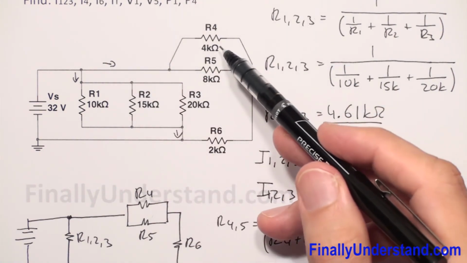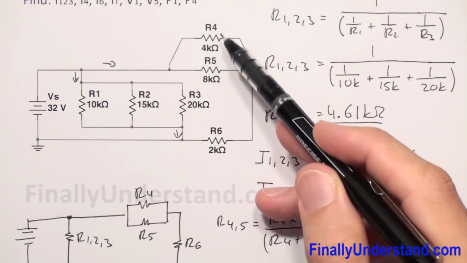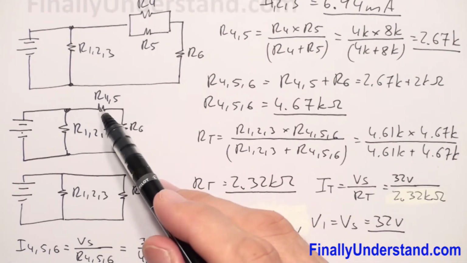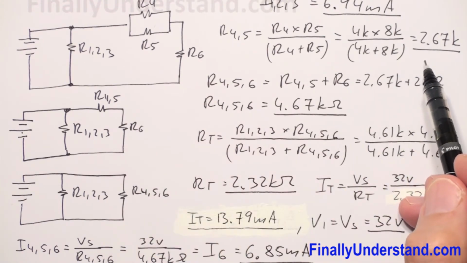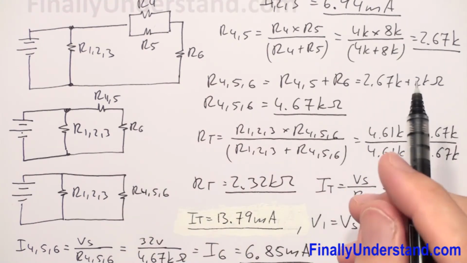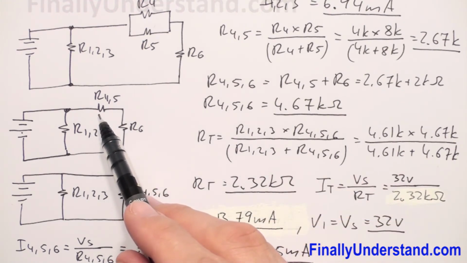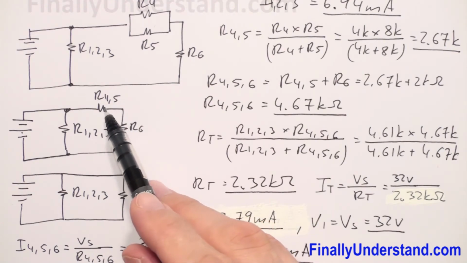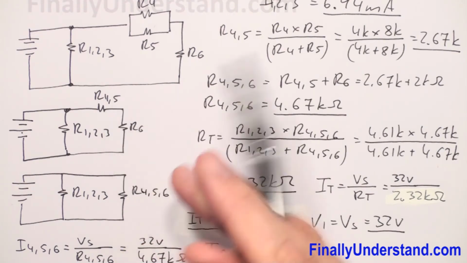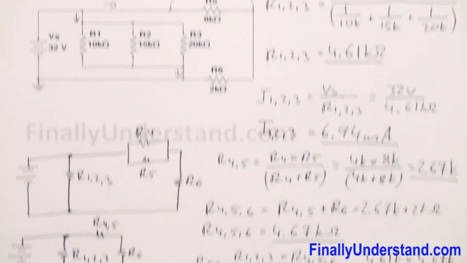The equivalent resistance for these two resistors is my R45, and we found that R45 is equal to 2.67K. So if I multiply I456 by R45, I'm going to find the voltage across these two resistors.